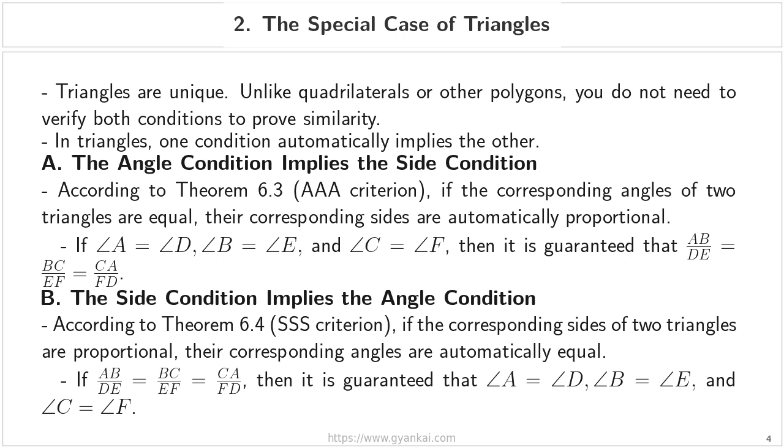You can be certain that angle A will equal angle D, angle B will equal angle E, and angle C will equal angle F. So, as we move into our summary table in the next slide, keep this shortcut in mind. For triangles, one piece of evidence is enough to prove the whole story.